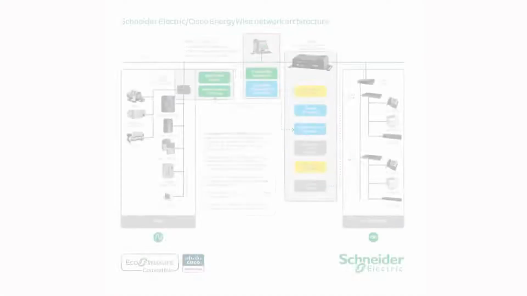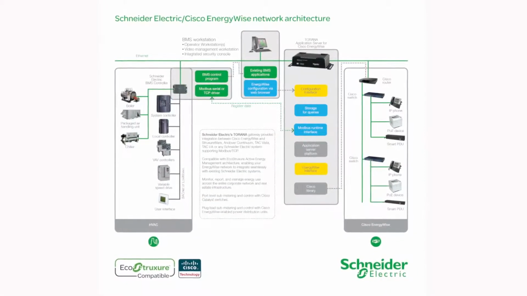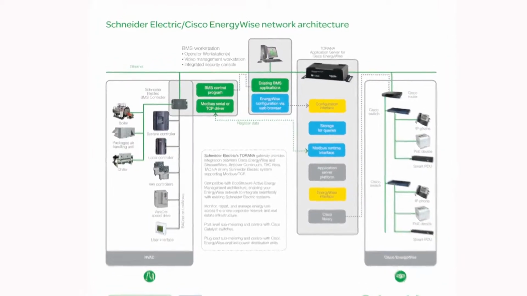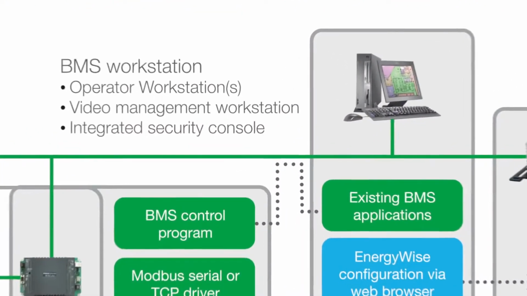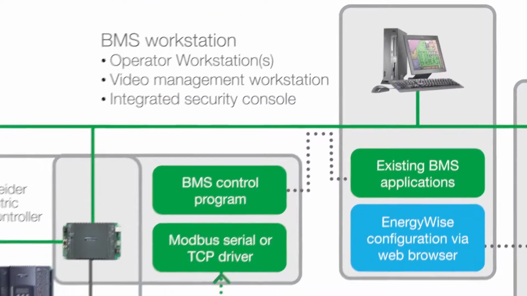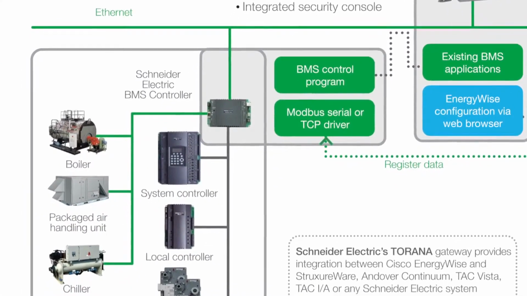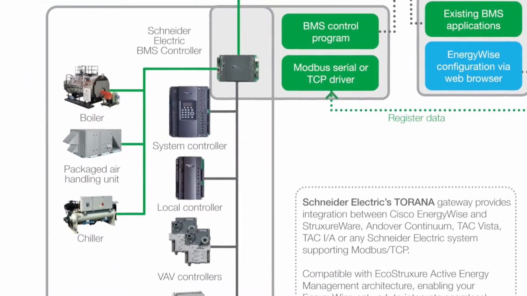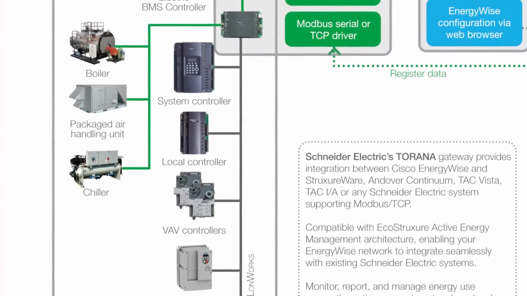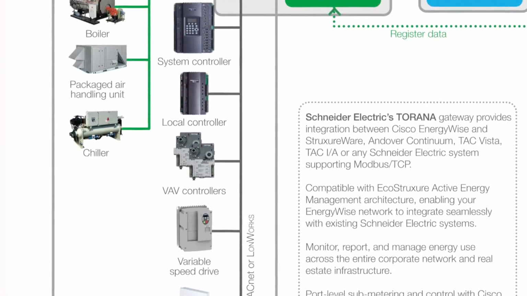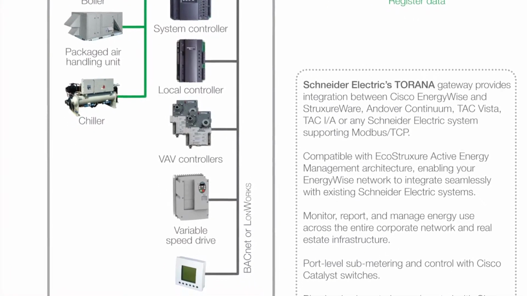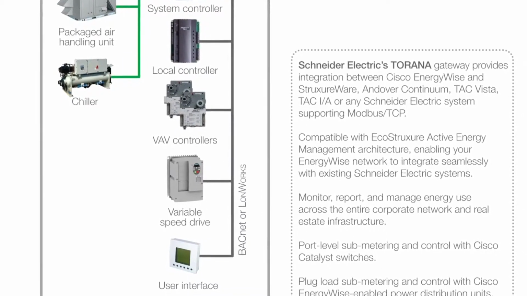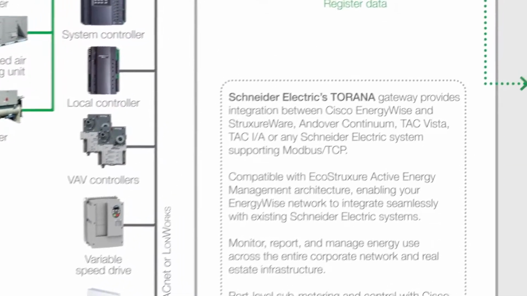another Cisco Power over Ethernet phone. This architecture diagram illustrates the major components of the solution. At the top, we've got our BMS workstation running SmartStructure. On the left side, we have an HVAC line of control with chillers and boilers and so on, as well as the controllers. On that side, we'd also have lighting controls, video surveillance, access control, interfaces to fire and life safety equipment, and so on.